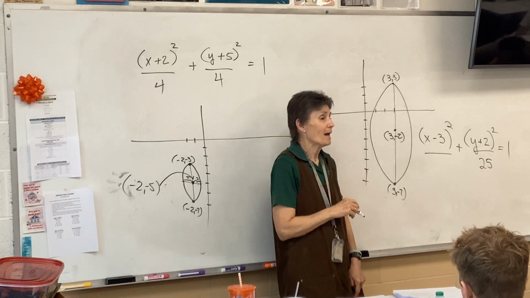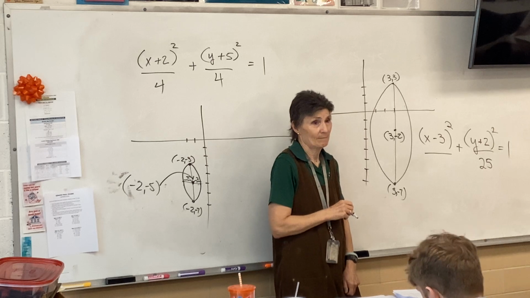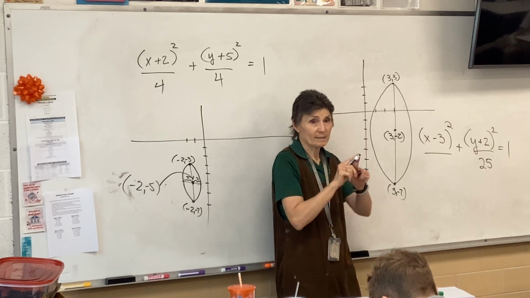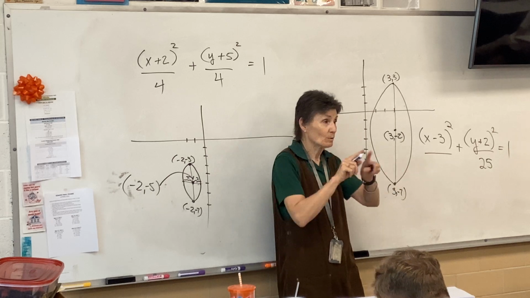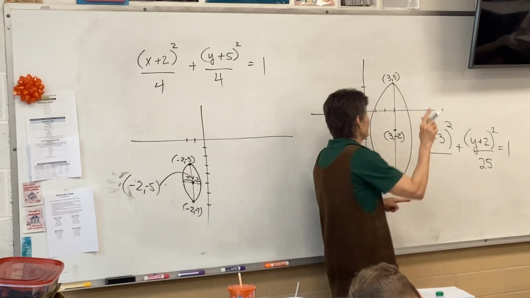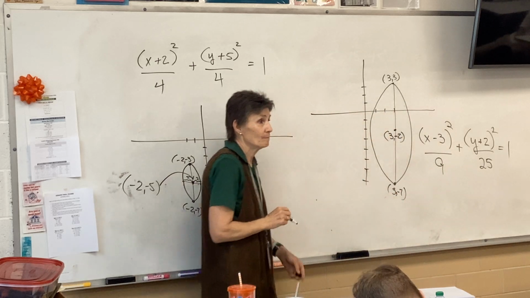The minor axis is 6. What does that mean? We're going sideways 3. And if I'm going sideways 3, the x denominator must be a 9.